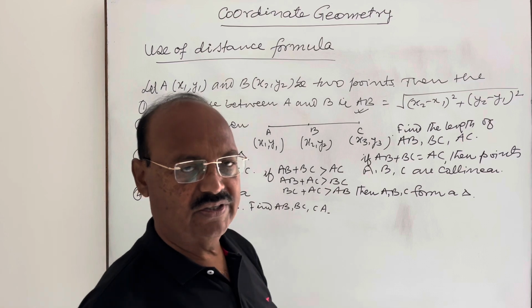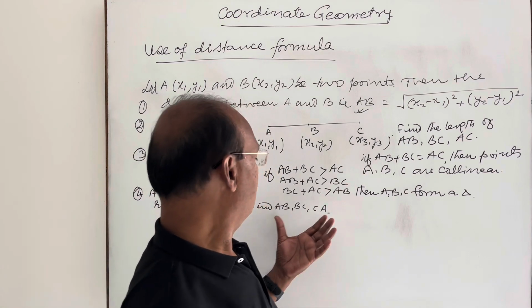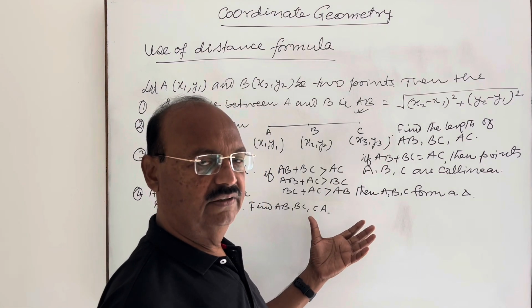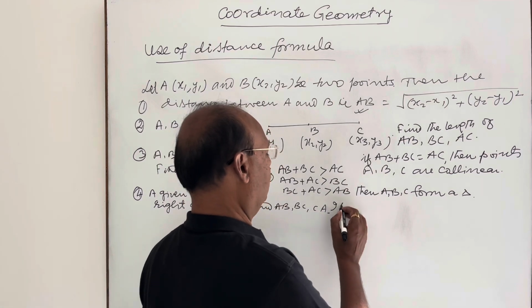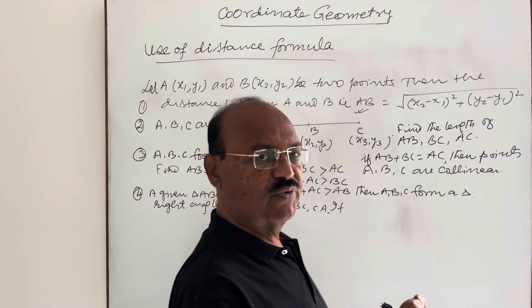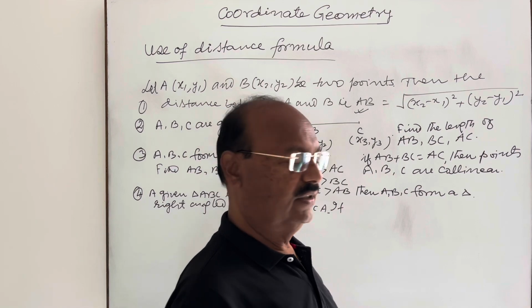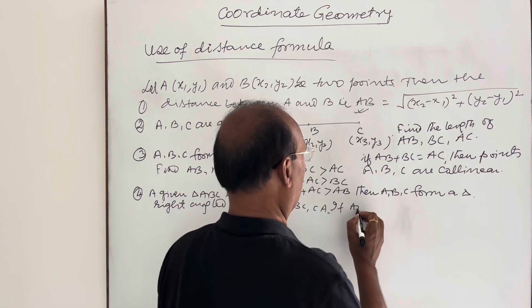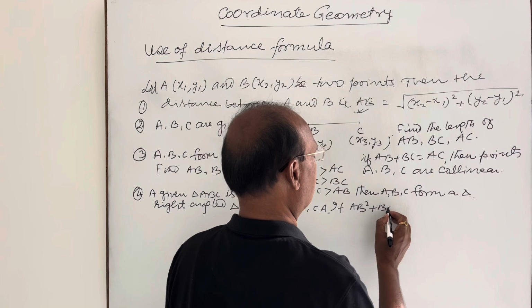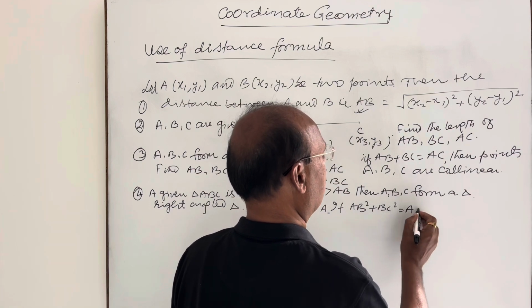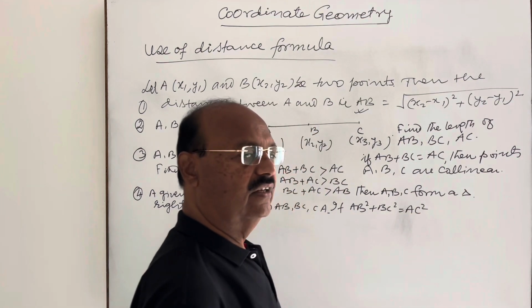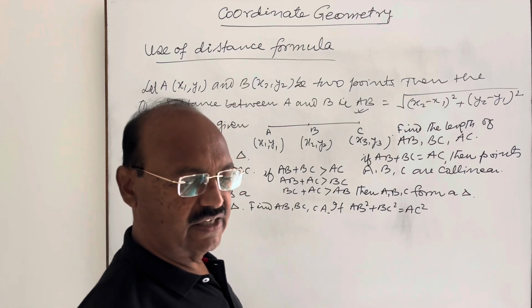You know the Pythagoras theorem. If the Pythagoras theorem is satisfied, it means if the sum of squares of any two sides is equal to the square of the third side, suppose AB square plus BC square is equal to AC square, then the triangle is a right angle triangle.